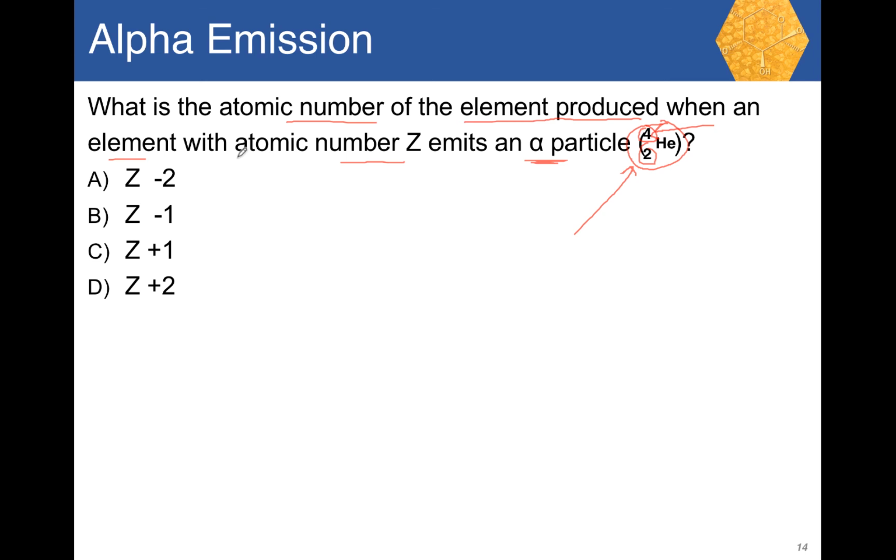But here we're asking for the atomic number. You can see that it would be minus 2, since it is emitting, giving off that. As you can imagine, the answer is minus 2. So it's 2 less than the original atomic number of the isotope.